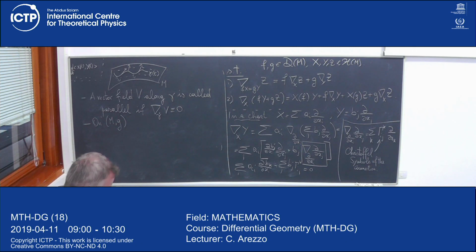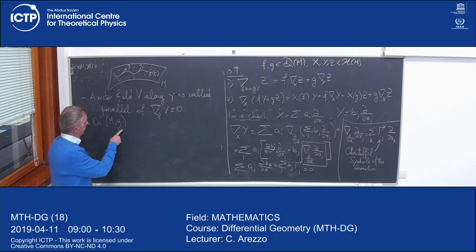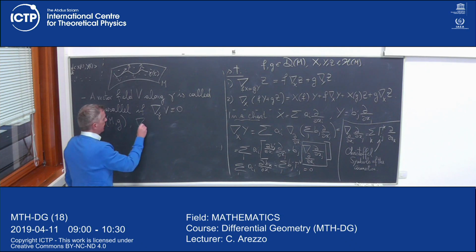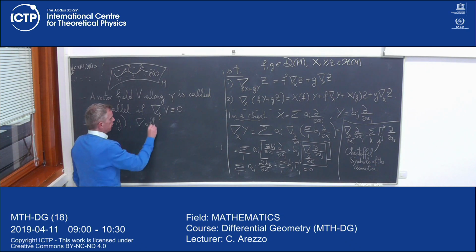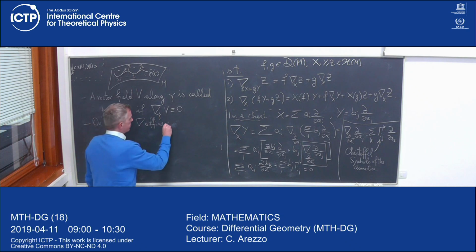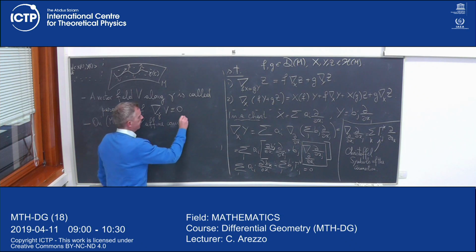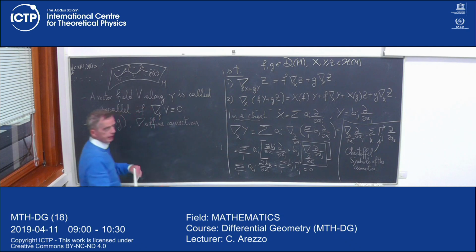Now, suppose that your manifold is more than differentiable, it's Riemannian, and nabla is an affine connection. So using the differentiable structure, I have an affine connection, and now I want to add some compatibility between the affine connection and the metric.